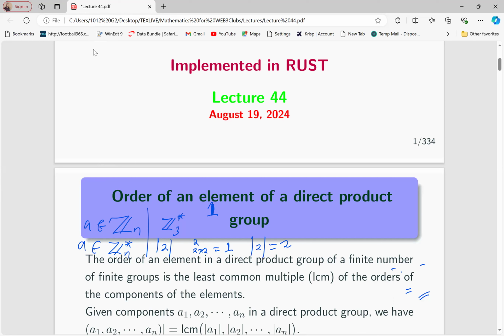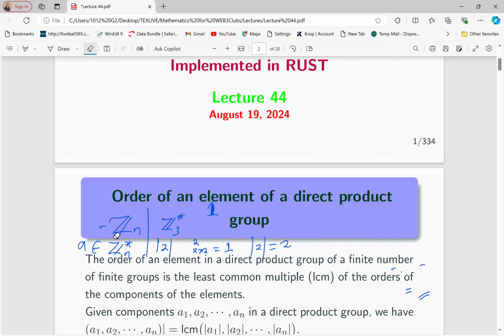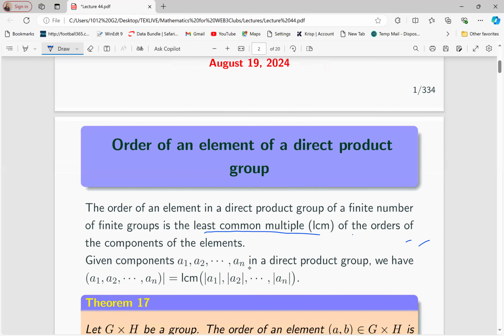But today we want to look at the order of an element in a direct product group, which we also learned last week. We know what a direct product group is. By definition, the order of an element in a direct product group is the least common multiple of the orders of the component elements.